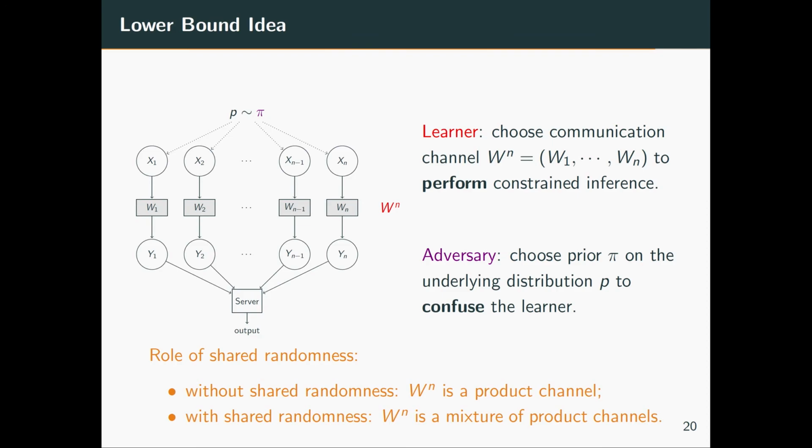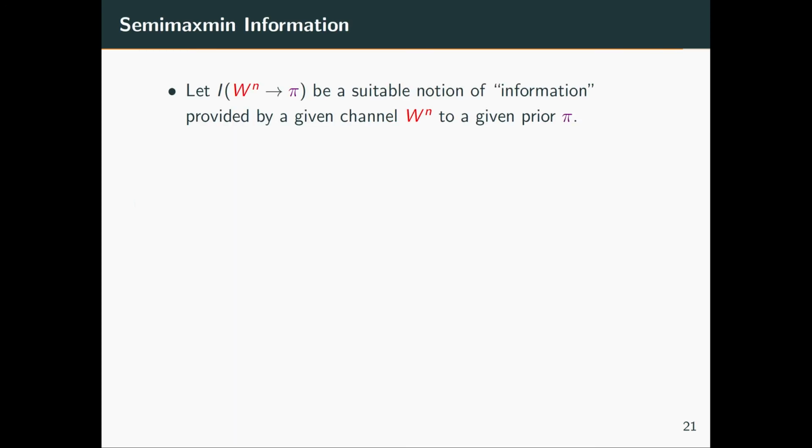With this in mind, we introduce the following semi-min-max framework. Suppose I is a suitable notion of information that the learner wants to maximize by selecting W to the n, and the adversary wants to minimize it by selecting pi. The semi-max-min framework is defined as the following. The learner first chooses a set of product channels script W, and then the adversary chooses a prior pi to confuse the learner.